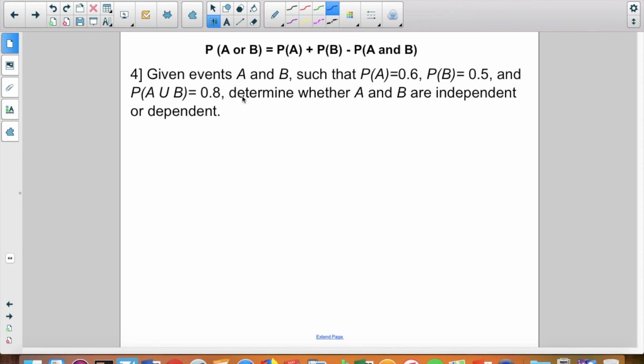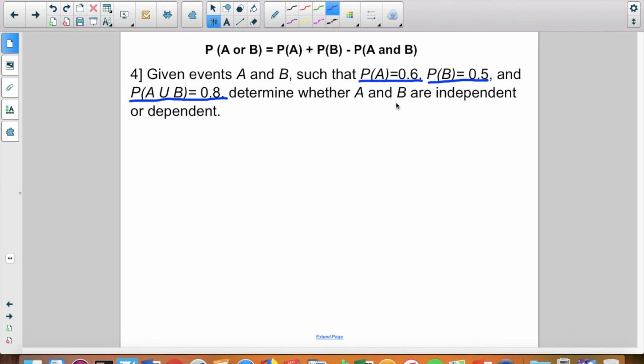It says, given events A and B, such that the probability of A is 0.6, the probability of B is 0.5, and the probability of A union B is 0.8. Determine whether A and B are independent or dependent. Now this problem, there is a lot that goes into it.